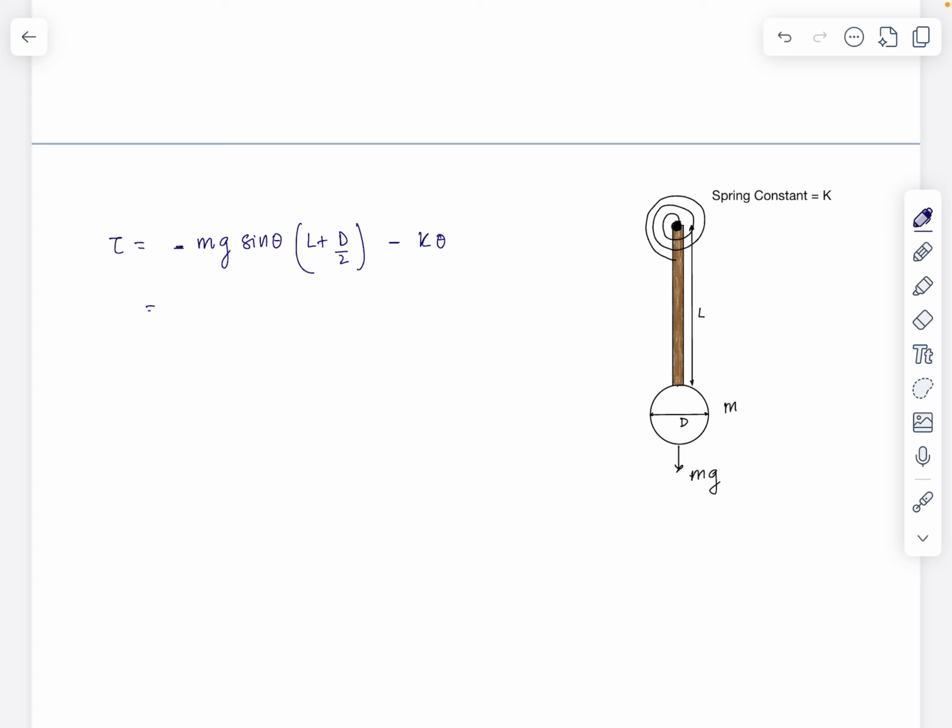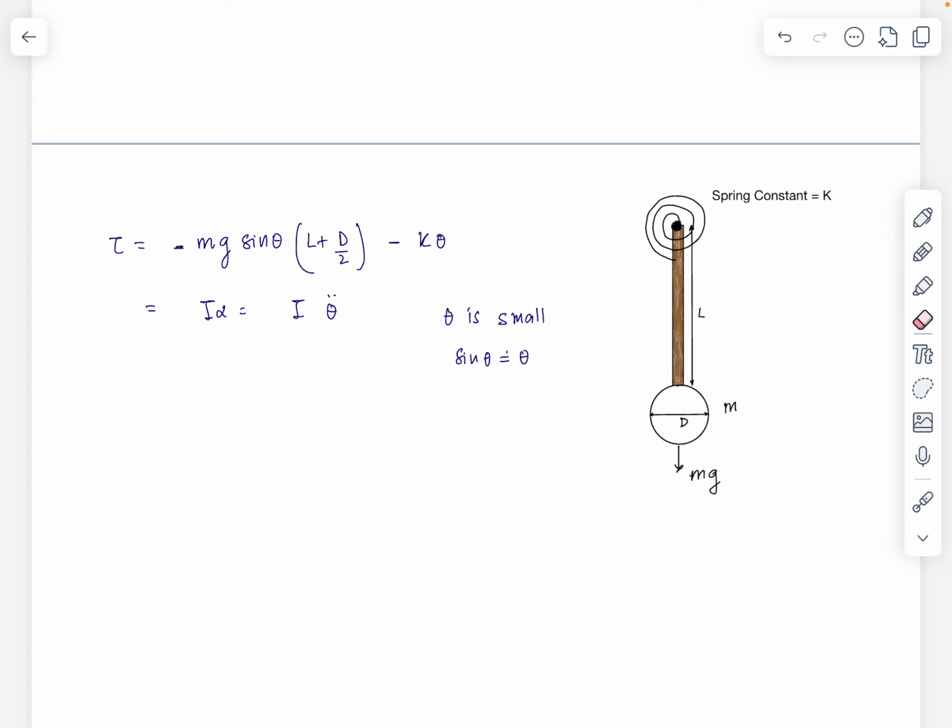The torque is also equal to I times alpha, which is equal to I times theta double dot. And when theta is small, sine theta is approximately equal to theta.